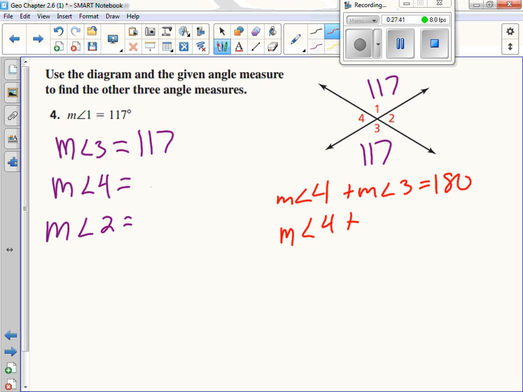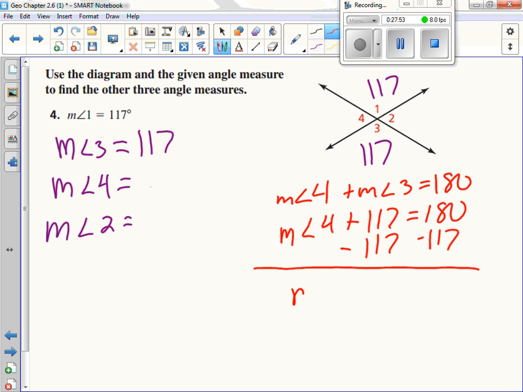It is 117, yes? So what can I do? I can subtract it from 180 and find out that the measure of angle 4 is 63.